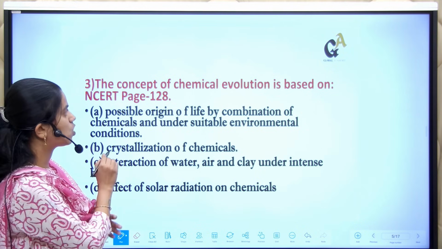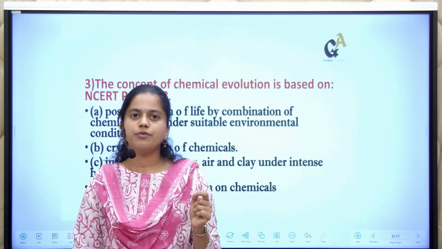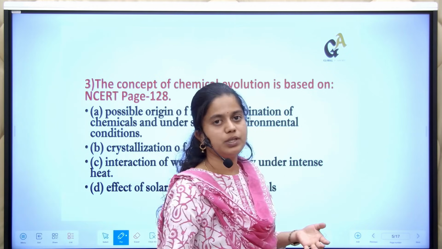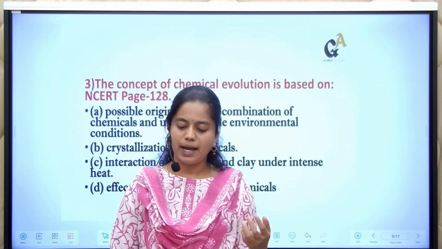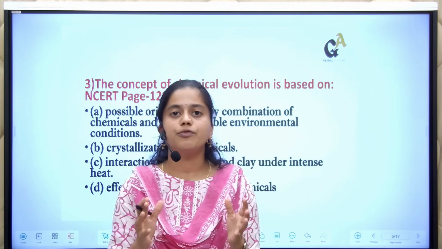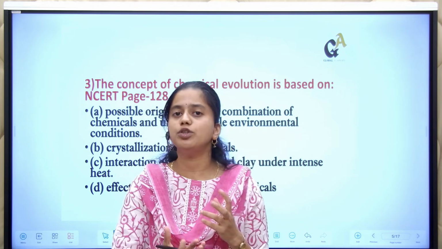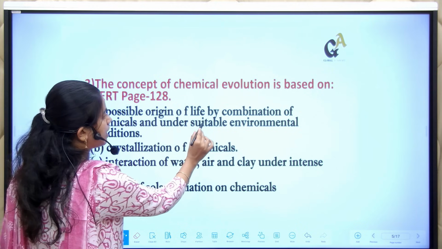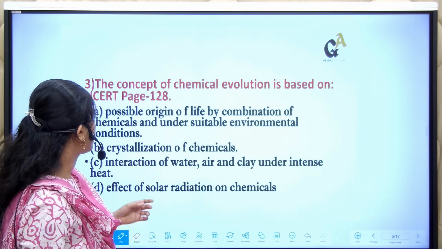What are they asking? What is the concept of chemical evolution based upon? As I said in question number 2, CH4, NH3 and H2 were present. These molecules were combining with lightning, thunder or ultraviolet rays, forming complex inorganic molecules that led to the origin of life. So what is our answer? Possible origin of life by combination of chemicals under suitable environmental conditions.